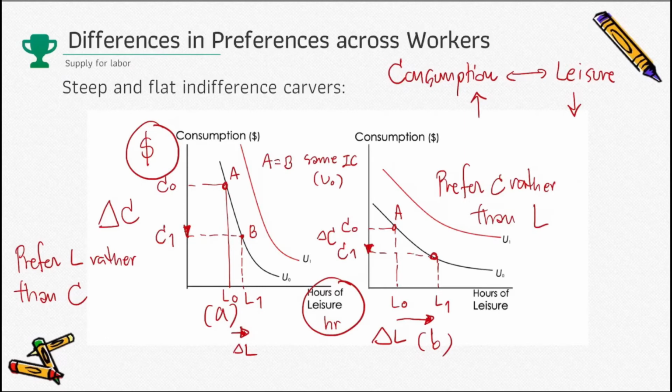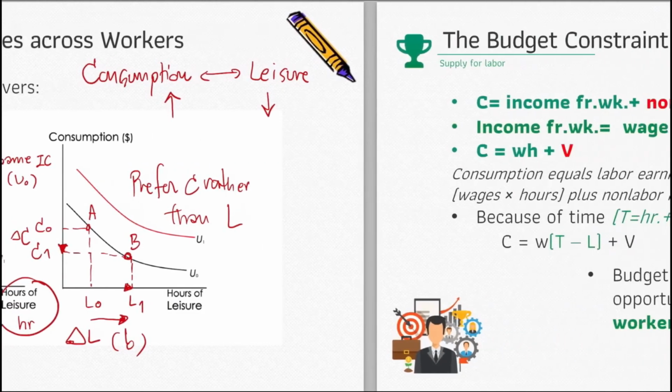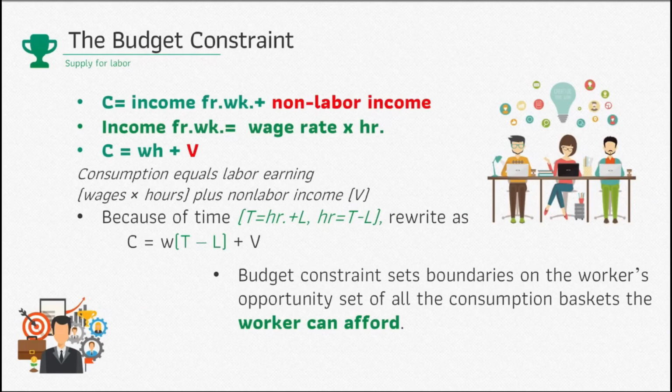Because if we reduce a little C, they say that for the same utility, you have to give me more leisure, because they prefer C rather than L. Okay, A to B.